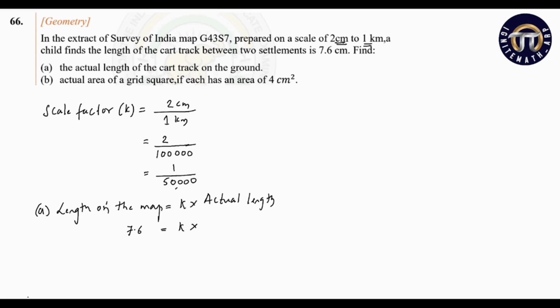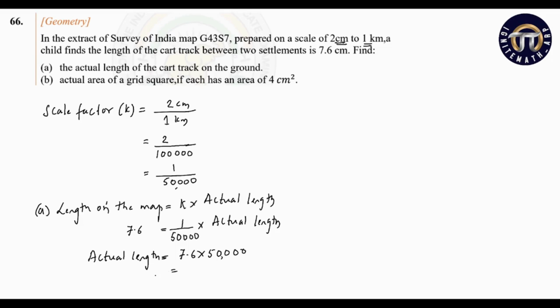Since I know what is K, I can directly write down K over here, children. So I will replace K. Let's not increase one more step over here. Here itself I will write K as 1 by 50,000 into actual length. I'm supposed to find out the actual length. So I can say the actual length is equal to 7.6 into 50,000.